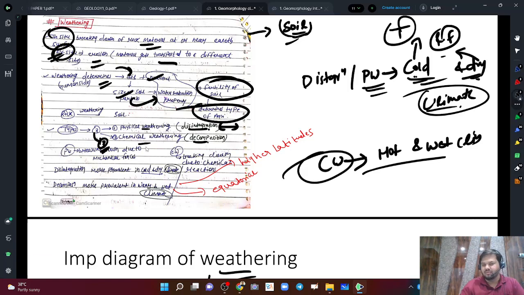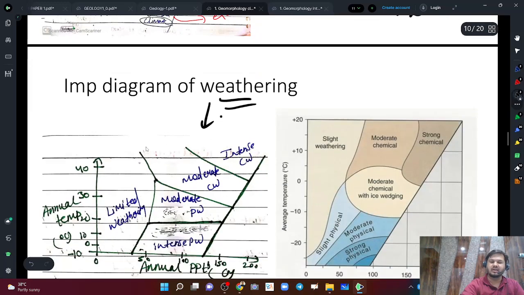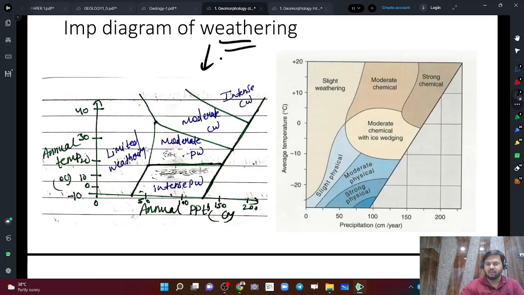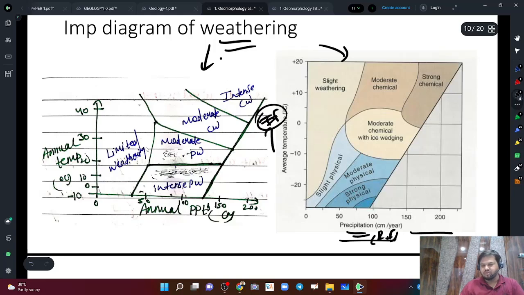So basically, this is in a way also related to latitudes, right? Just see here. This is a diagram, right? Here we have precipitation, that is rainfall, and this is temperature, average temperature, right? So as we go this side, precipitation increases. As we go here, heat increases, temperature is increasing, right?